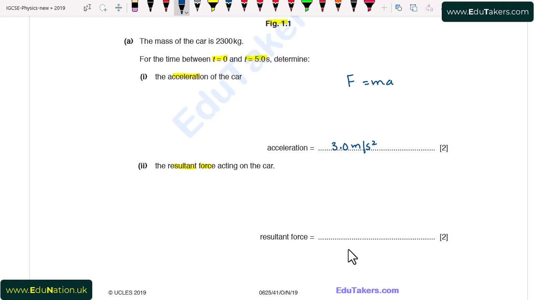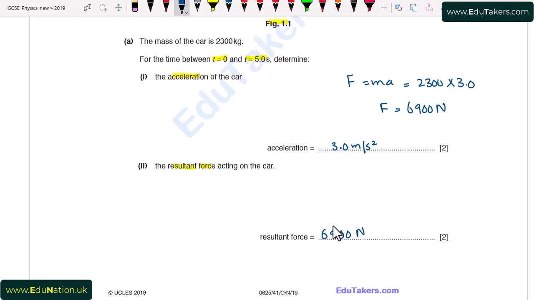By putting in the values, mass is 2300 multiplied by acceleration 3.0 meters per second squared, so the force comes to be 6900 newtons. I write here resultant force is equal to 6900 newtons.